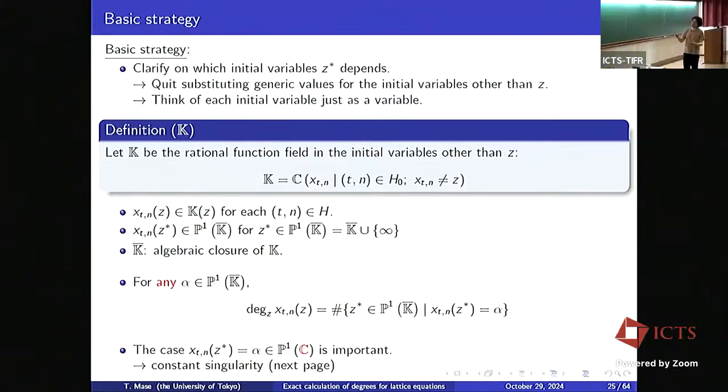But z appears everywhere. So this part becomes really difficult, I think. This is just my speculation, but this must be really tough in that case.